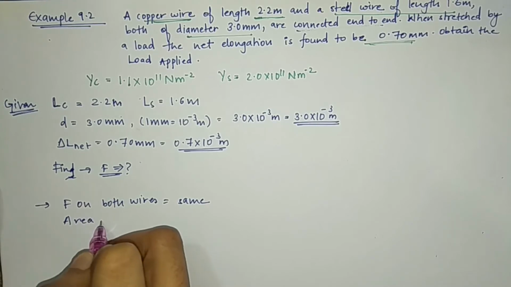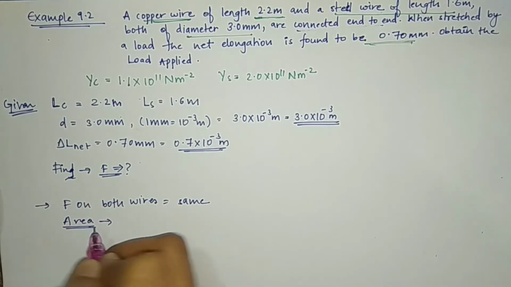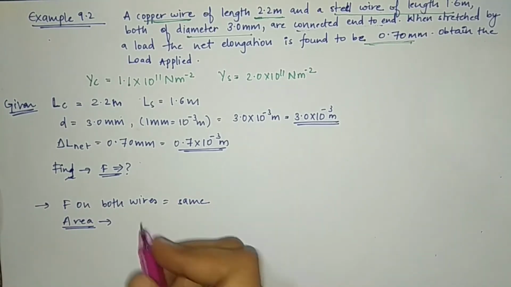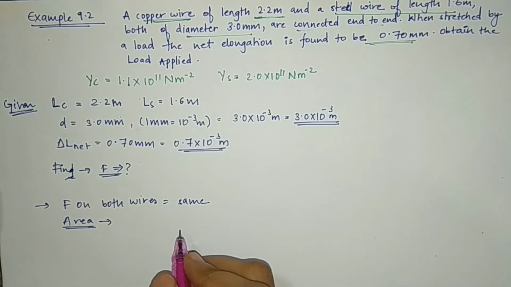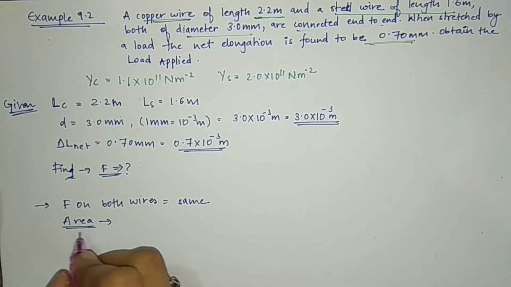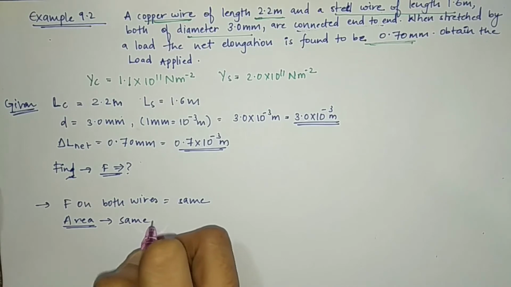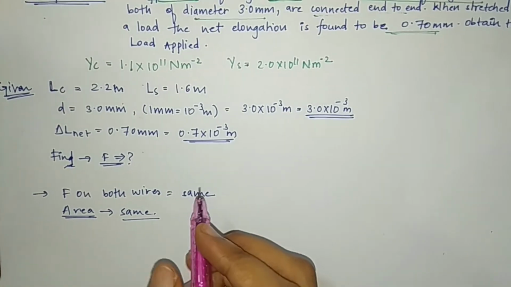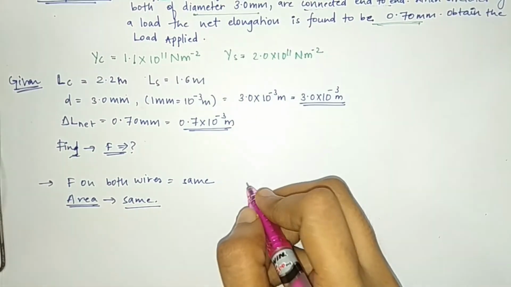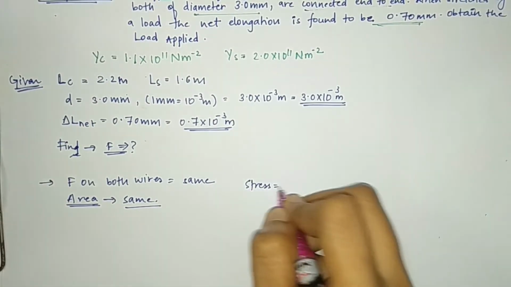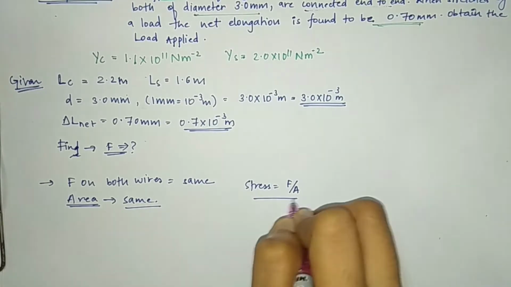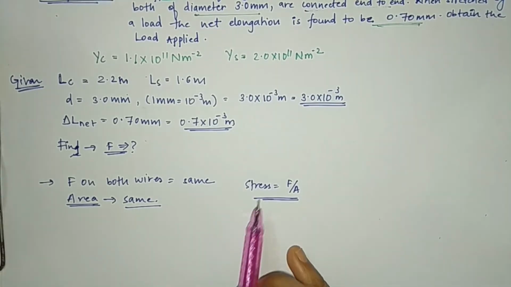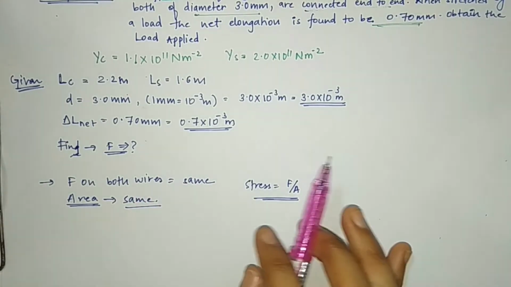Because area is pi r square, and as the diameters are same, the radius will be same, so the area is same. So the force and the area are same. The quantity that involves force and area is stress. Stress is force by area. So they are saying that the stress applied on both the wires is the same.